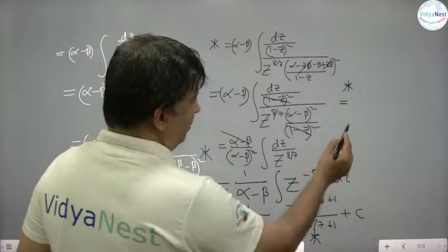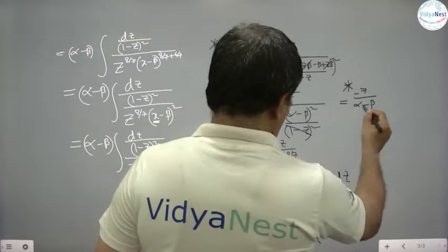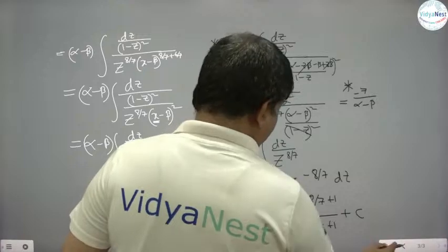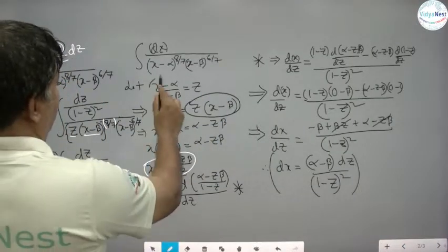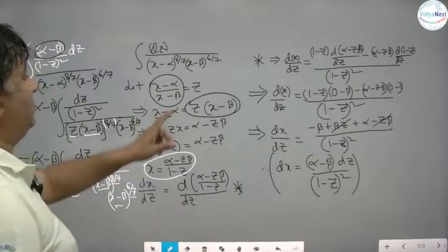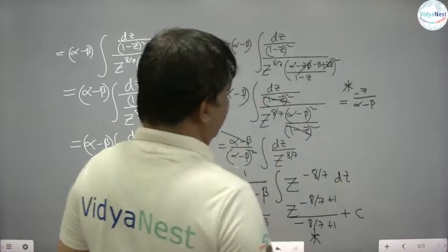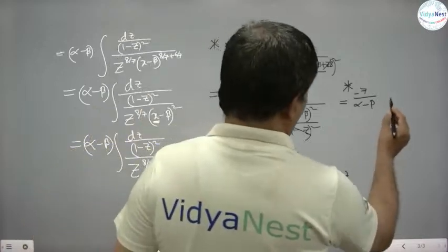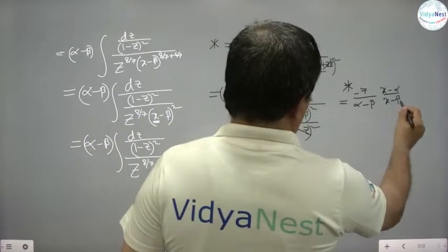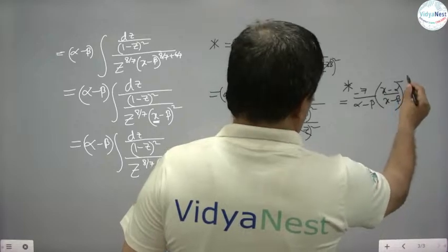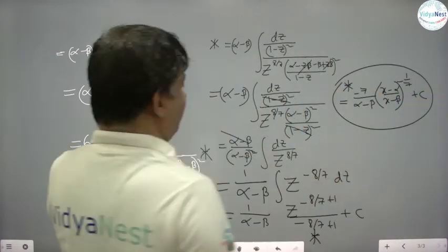Minus 1 by 7. So minus 7 by alpha minus beta. What is Z? Z, we have considered Z as x minus alpha by x minus beta. So Z minus 1 by 7 plus C.